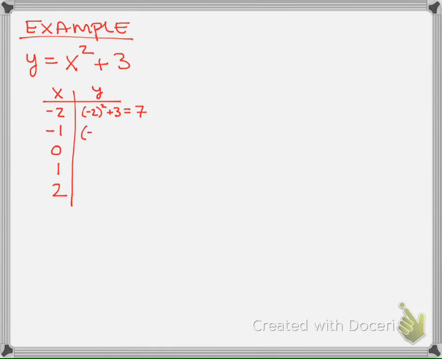The next one, -1 squared plus 3, so -1 squared is a +1, so 1 plus 3 equals 4. 0 squared plus 3, 0 plus 3 is 3. Here, 1 squared plus 3, +1 squared is 1, and 1 plus 3 is 4 again. And the last one, 2 squared plus 3 will give us 7 again.